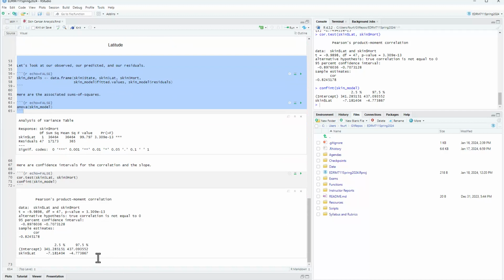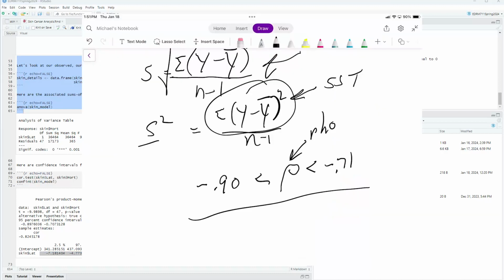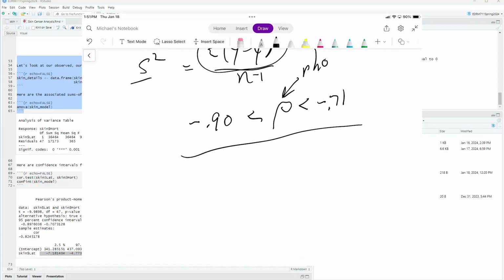But in fact, if I had drawn this as a random sample from a larger population, I'd be able to say that it's somewhere between -4.8 and -7.2.